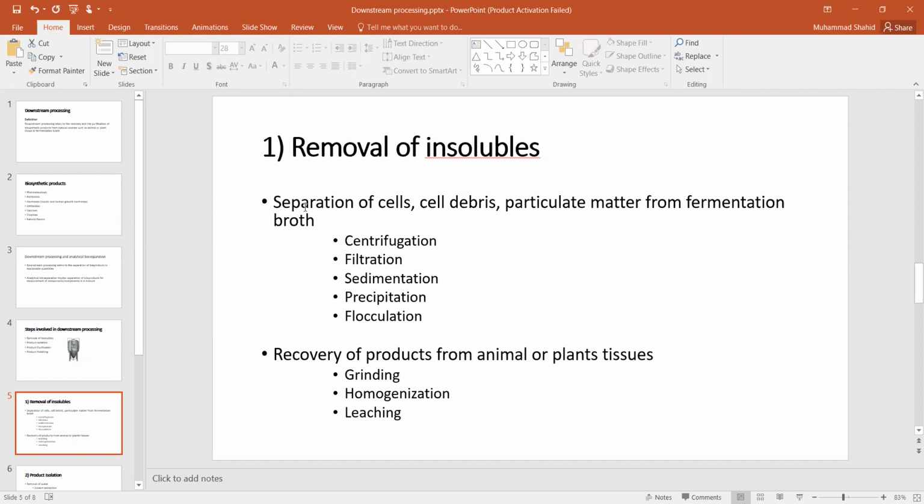So in the first type of removal of insolubles, we separate out the cells, cell debris, and particulate matter from the fermentation broth. It means that when we are producing certain bioproducts in industrial biotechnology, after the fermentation process, the very first thing that we do is start separating out the cells, cell debris, and particulate matter present in the fermentation broth from the supernatant.